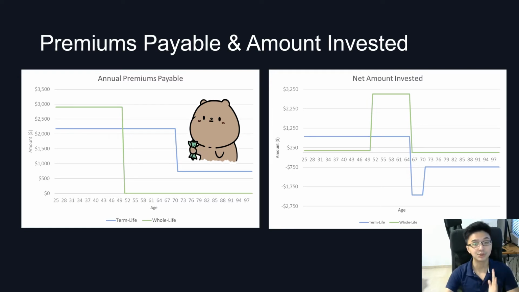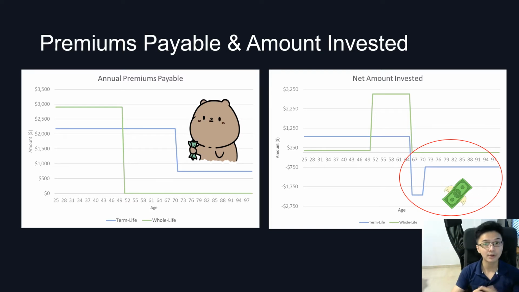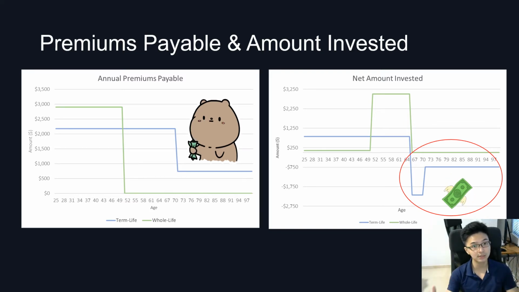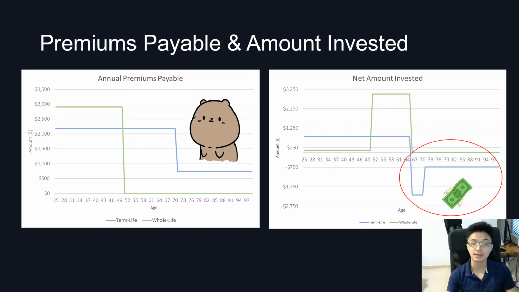But take note that beyond the age of 65, after he has retired, he will have to draw down on his investment portfolio to finance and pay for his insurance premiums, as your term insurances are payable until you claim or until it expires. So how does this affect Jonathan's payout in the event of claim and his surrender value in the event where he wants to cancel the arrangement?